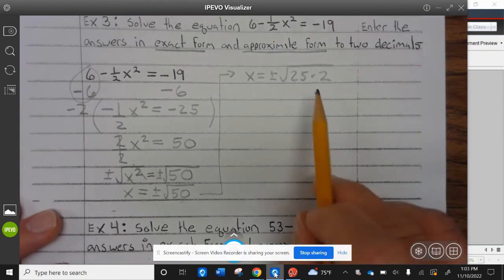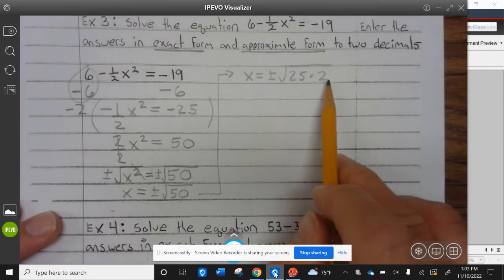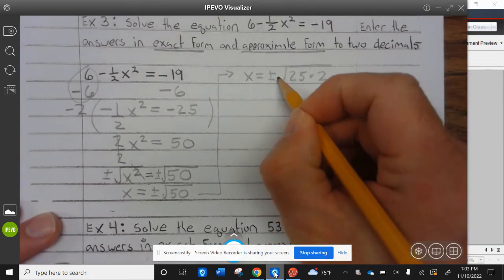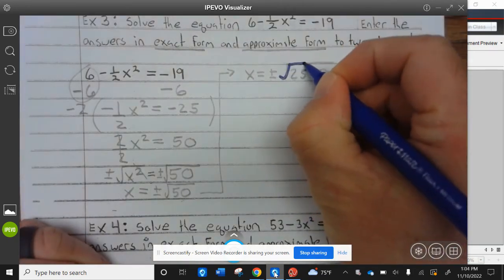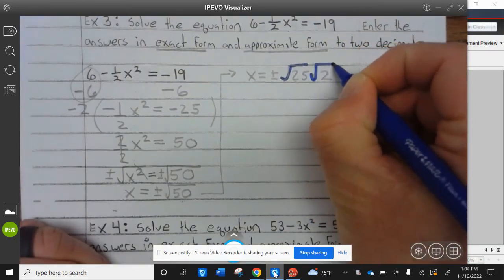Okay. Now, whenever you're taking the square root of two numbers multiplied in the square root, you can take the square root separately. So we can do the square root of 25 times the square root of 2.